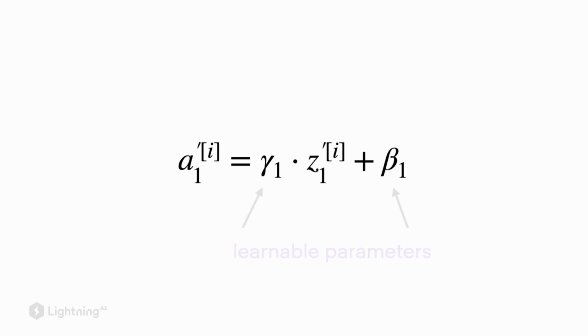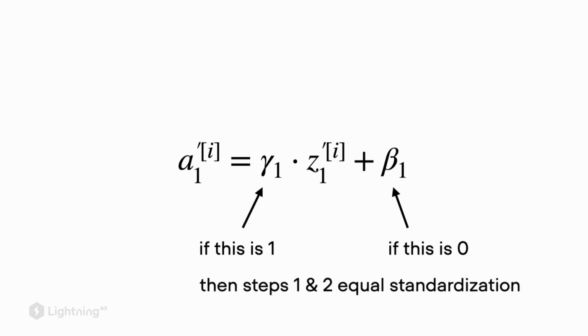By the way, I should note, if gamma is 1, we multiply the standardized net input z prime with 1, so nothing happens. And if this beta term is 0, we add 0 to this whole expression, and that also means that nothing happens. So in other words, if gamma is 1 and beta is 0, this whole two-step procedure of batch normalization is exactly the same as the input standardization, except that we apply it to the net inputs.